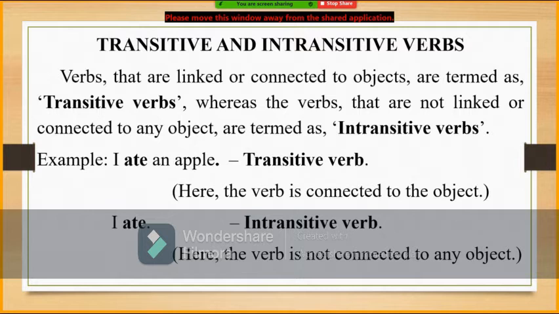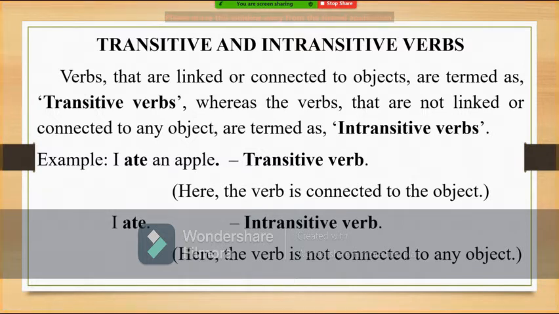It's quite simple. If there is an object in a sentence, then the verb in the sentence is called transitive verb. If there is no object in the sentence, then the verb of the sentence is intransitive verb. That is the easiest way to identify transitive and intransitive verbs.